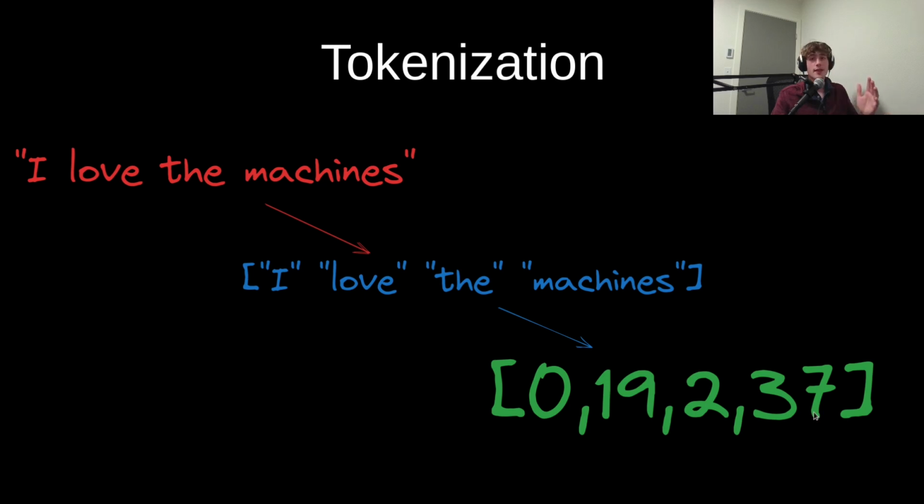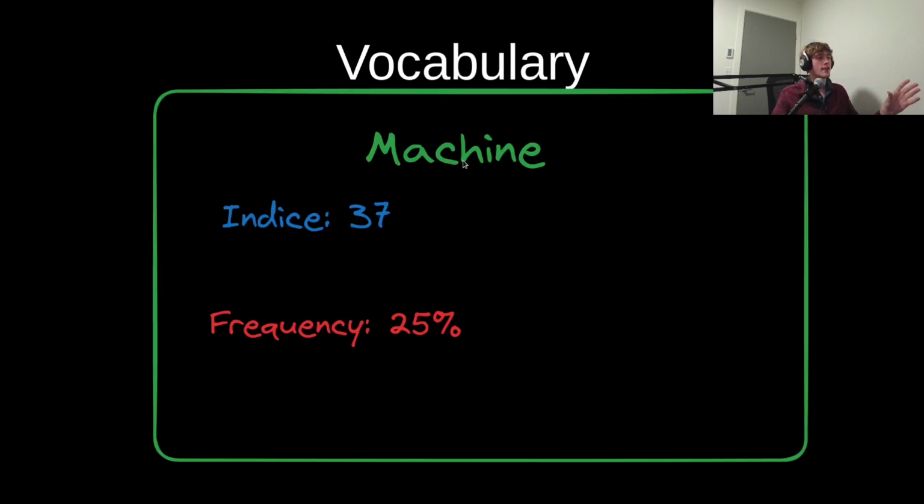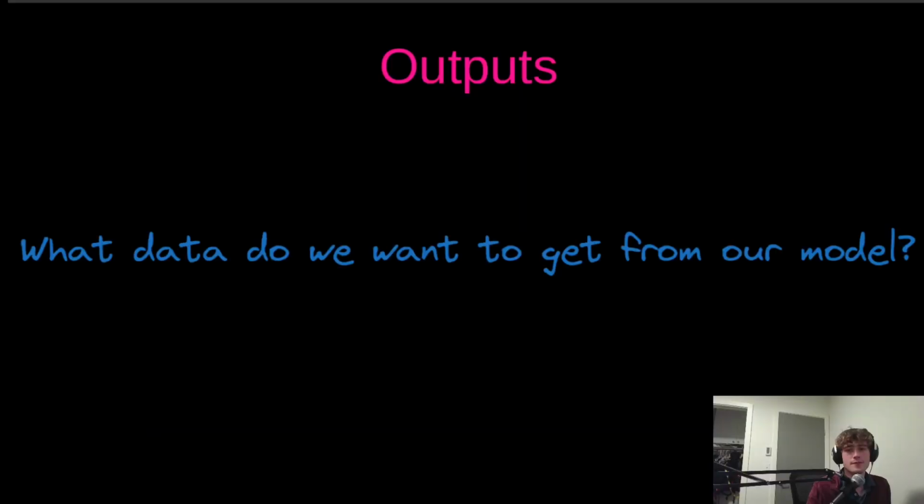And by constructing a vocabulary, it becomes way easier to perform all sorts of analysis on our actual vocabulary itself. Once we have everything tokenized, we can look at each individual word, find out not only what index is assigned to it, but also do things like calculate the frequency and much more easily do a variety of analysis on our input itself.